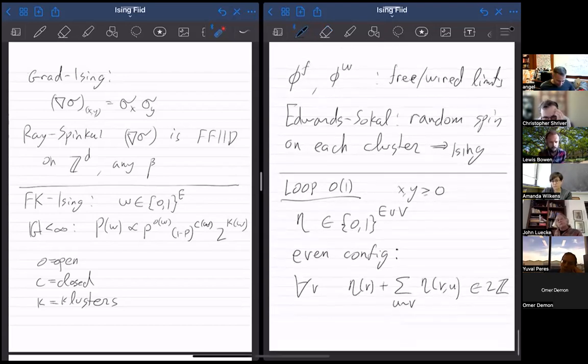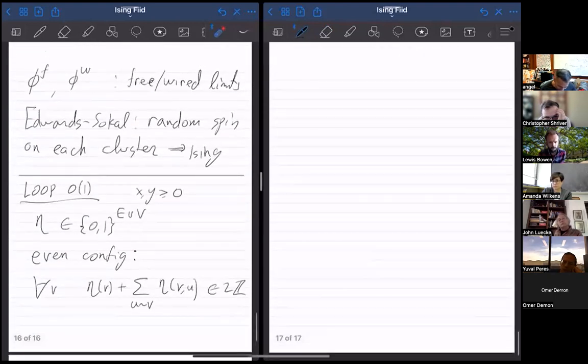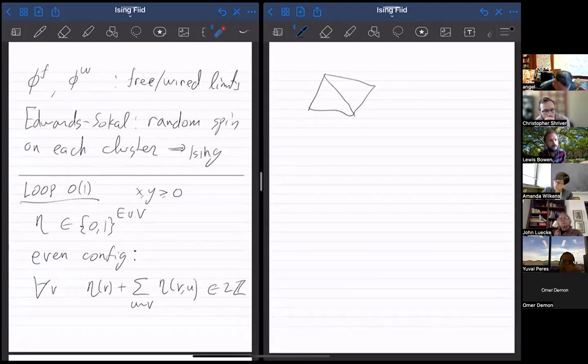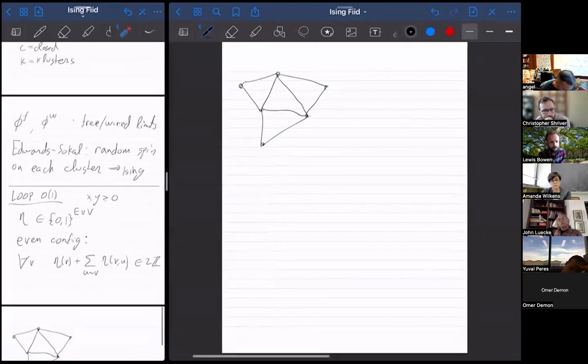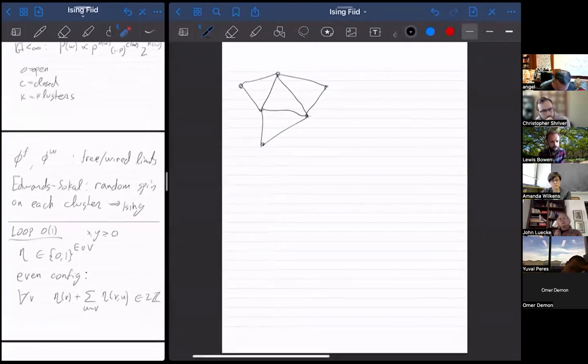So that's an even configuration, and there is a picture that is useful in a lot of these discussions. If this is the graph G, you can imagine that we have an extra vertex outside, which we call the ghost vertex.